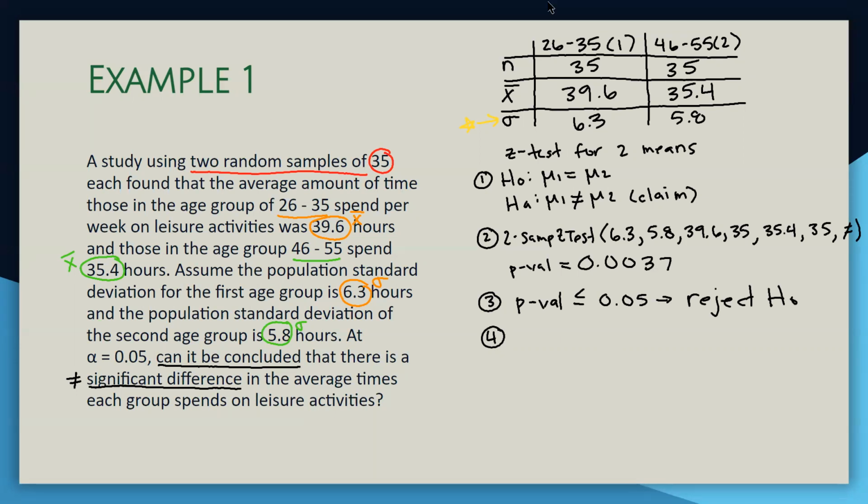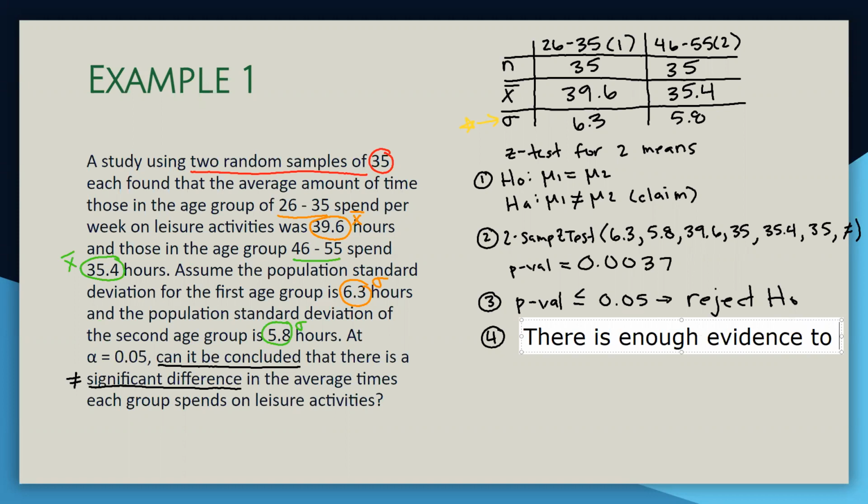So we're going to go ahead and summarize that in our sentence. We start the same way we did for the one sample test. We look at our decision in step 3, we rejected. So there is evidence. And then we look at our hypotheses, and the alternative is the claim.